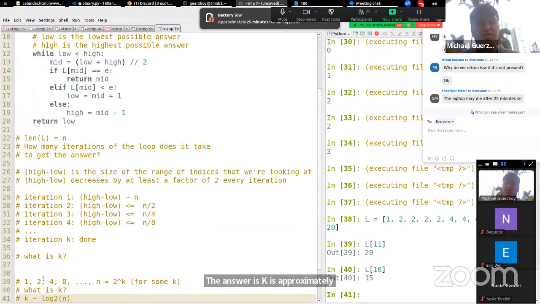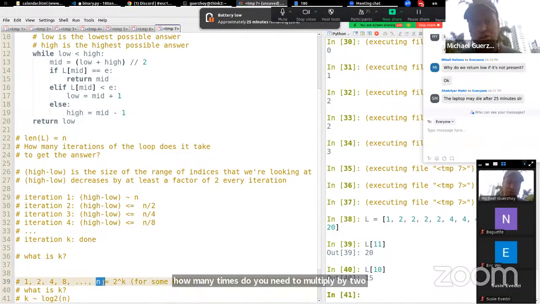Why? Because that's what log means: how many times do you need to multiply by 2 in order to get to n? So how many steps to get to n if you multiply by 2 every time? Log base 2 of n. That is what log is.